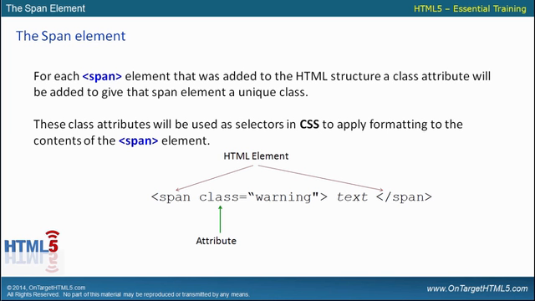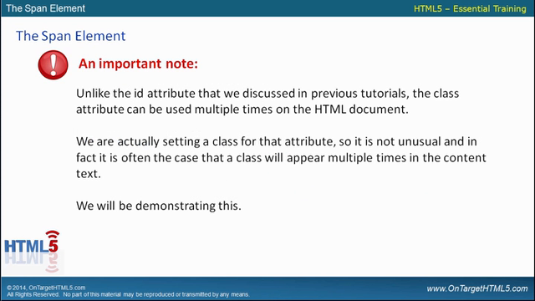It's very similar to what you saw that we had done with the div tags in the previous tutorial. We're going to assign a class to the span element, just as you see here at the bottom of the screen. We're going to give that class a name, and that's going to allow us to target the text in between those span tags for particular formatting. And that's what we'll be doing in these demonstrations.